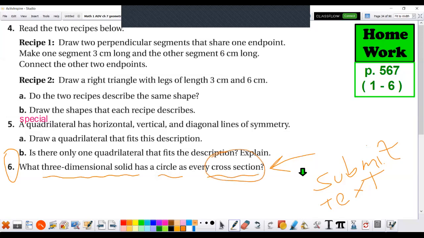And what is a cross section? That means if you sliced it right in half, like Fruit Ninja on it, what would you see? And it doesn't matter where you slice it, anywhere you slice it, when you look at it, you go, hey, it's a circle. So when I slice it and look at the inside, it's a circle. What shape is that?